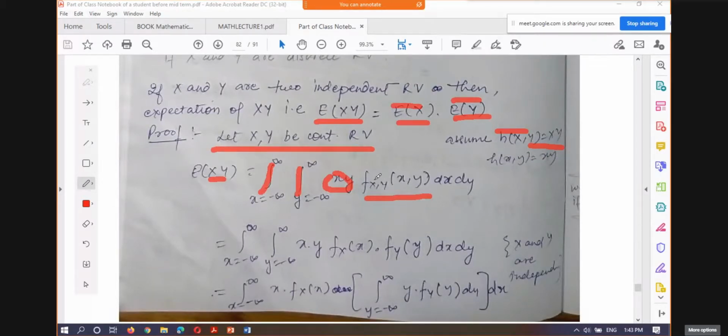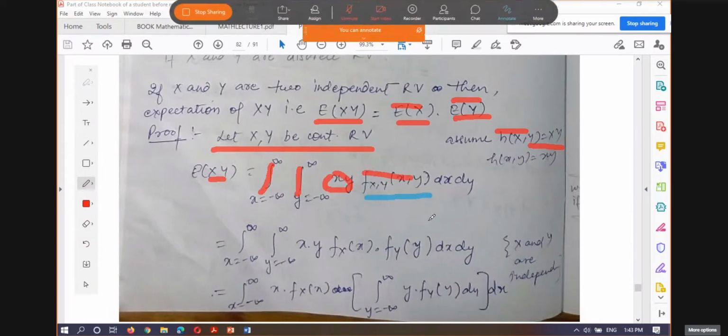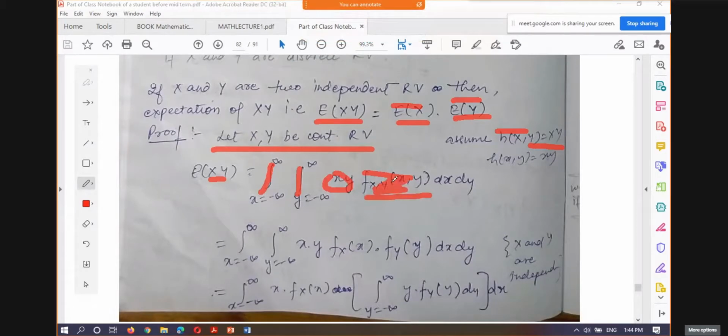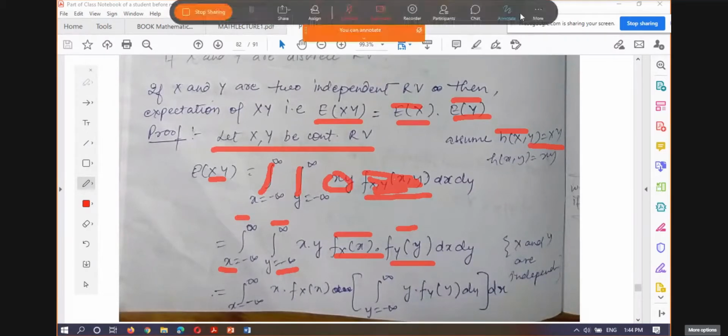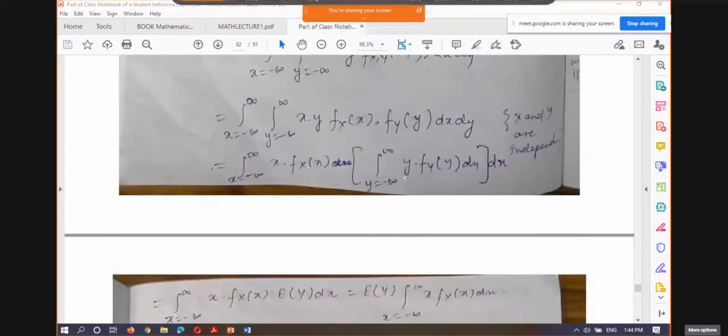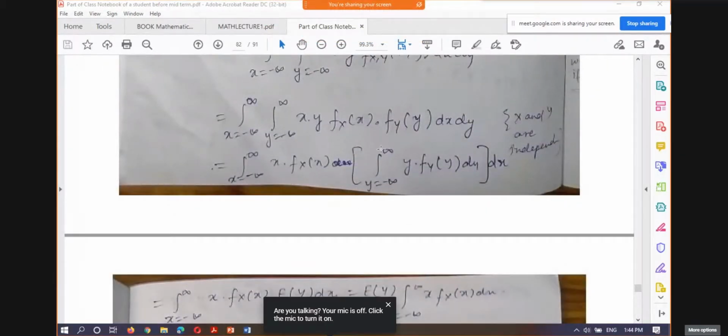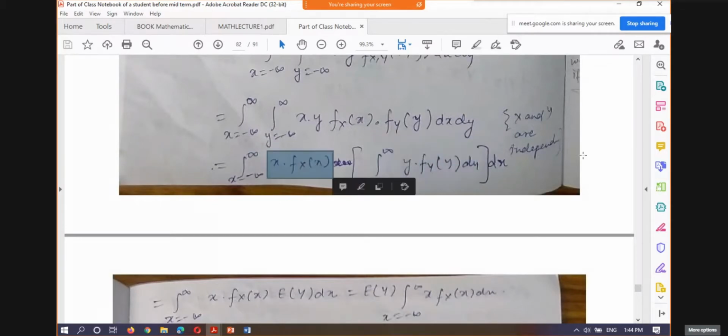But here it is given that x and y are independent, so their joint density function is the product of their density functions, and we can replace it. The limits of integration are constant, so we can change the order of integration. Then we get the integral over y from minus infinity to plus infinity of y fy(y) dy, and the other factor, x fx(x) dx.